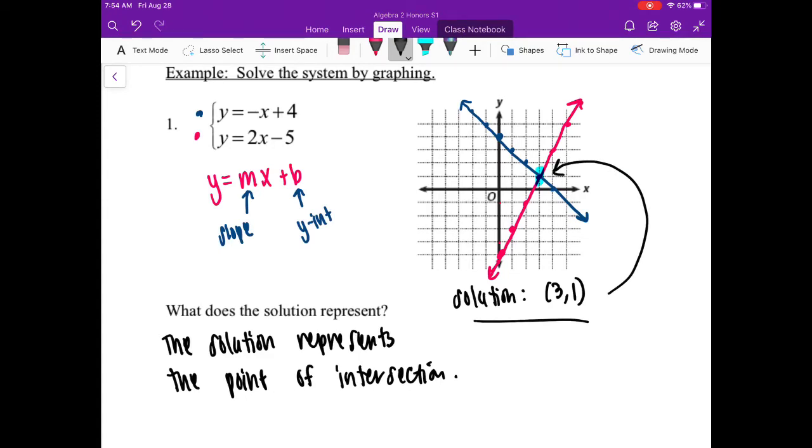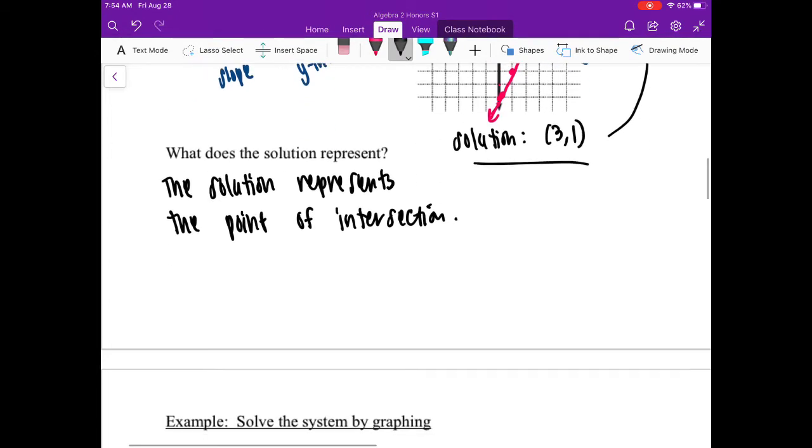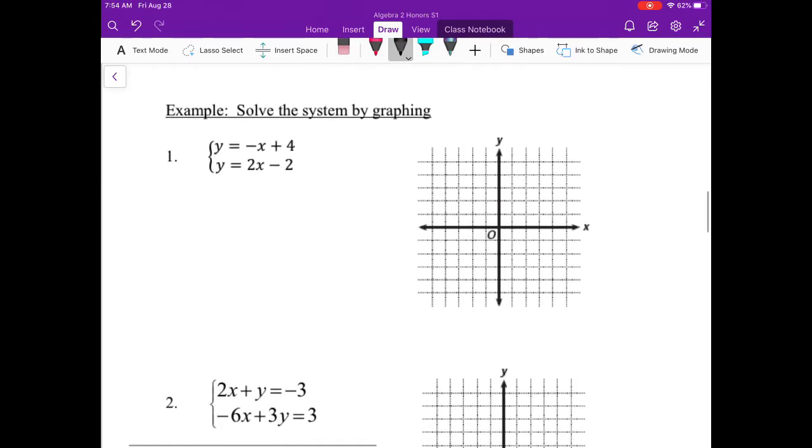So when you're doing these problems, you guys need to graph the two lines, but you also need to tell me what the solution is to the system. Let's go ahead and try this next one. So this first line, I need to start up at 4, and my slope is a -1, so I'm going down and to the right, or up and to the left.